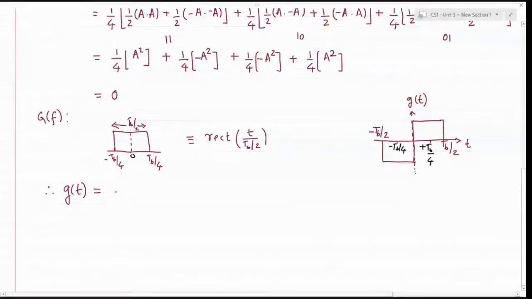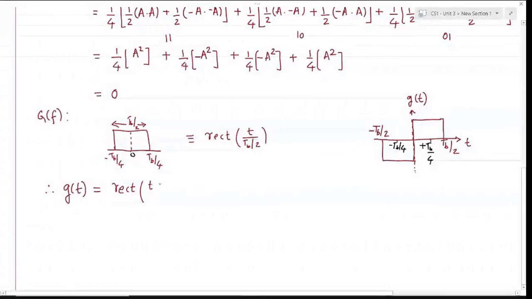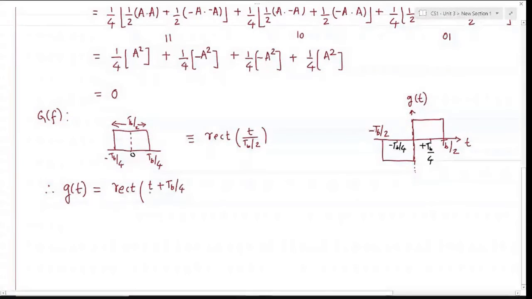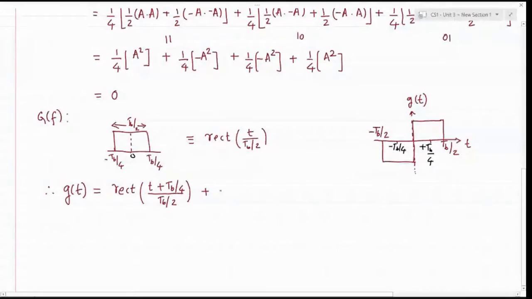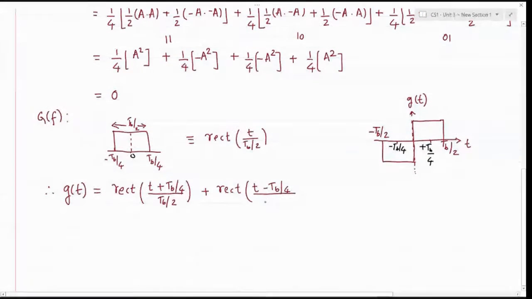So g of t is a rectangular function of t over tb by 2, but one is shifted left, which I represent as t plus tb by 4 over tb by 2. This is my left part, and the right part is a rectangular function shifted right, which is t minus tb by 4 over tb by 2.